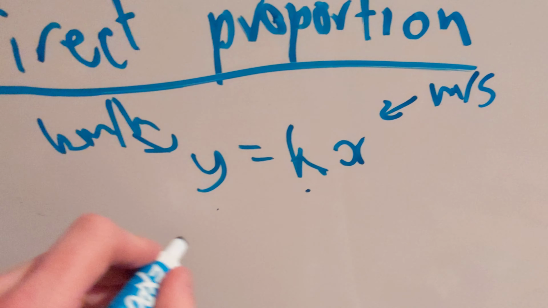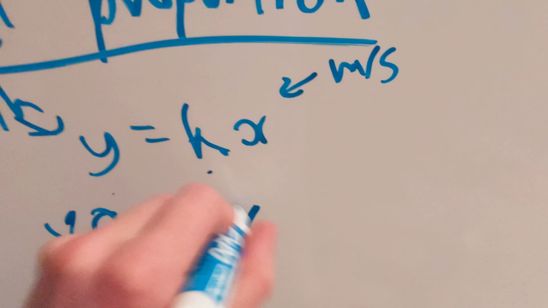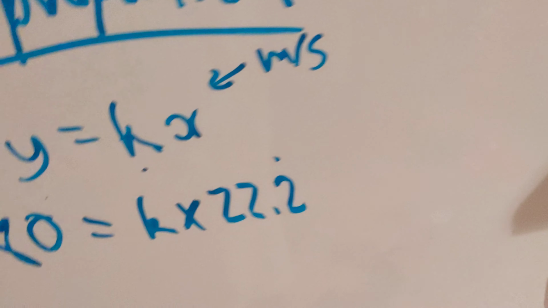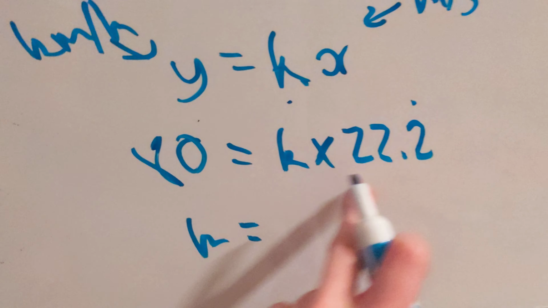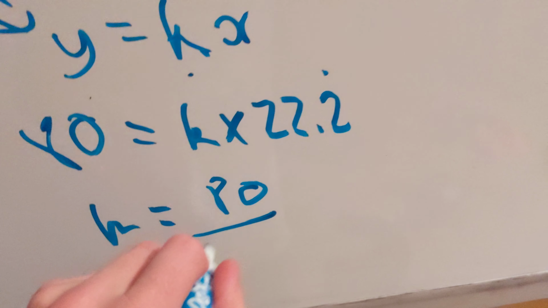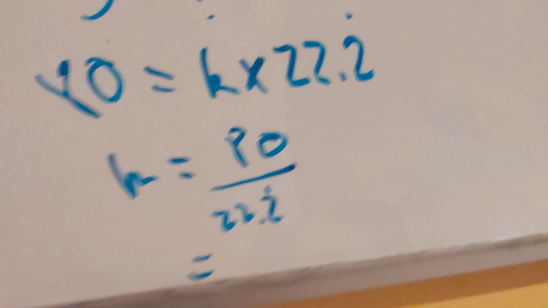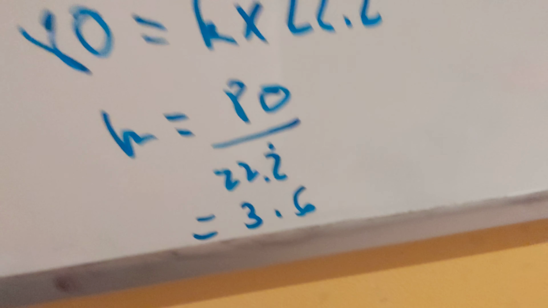So let's try doing that. We've got 80 equals k times 22.2 repeater. So then to solve for k, divide both sides by 22.2 repeater, and we get k equals 80 over 22.2 repeater, which comes out to be exactly 3.6.